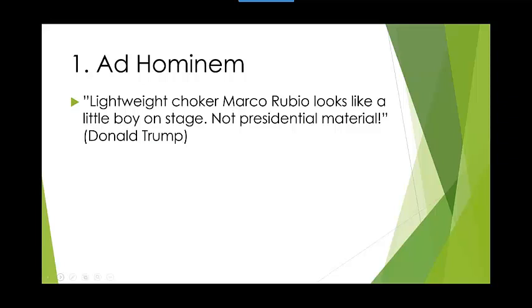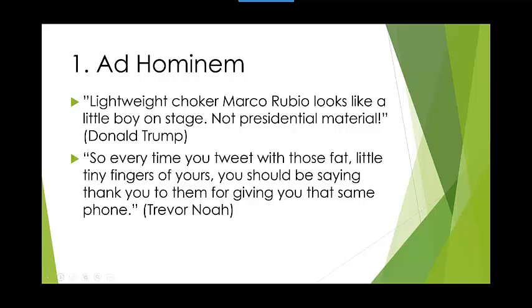He's not presidential material." Notice all he said is that Marco Rubio is a lightweight who looks like a boy, and has not made any particular substantial comments about Marco Rubio's policies. So this is not anything against Marco Rubio. You can't use that as an argument.